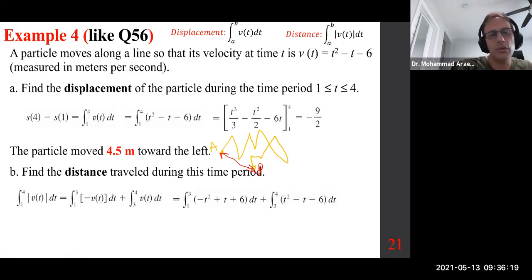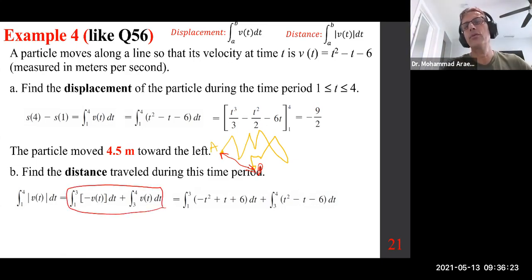Now, how do we know that? You have to do the sign graph. t squared minus t minus 6 is equal to what? (t − 3)(t + 2). We are going from 1 to 4.